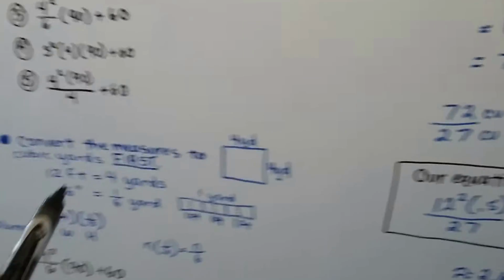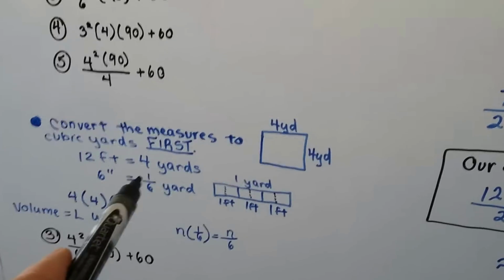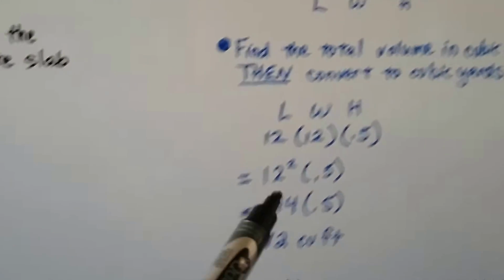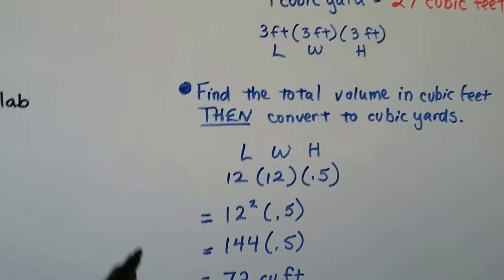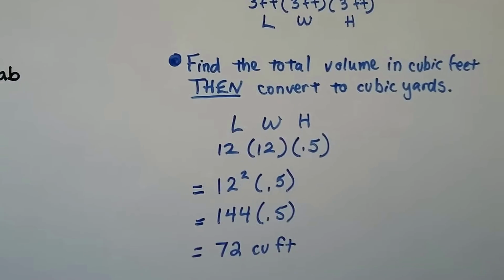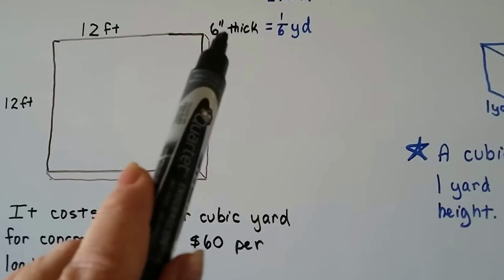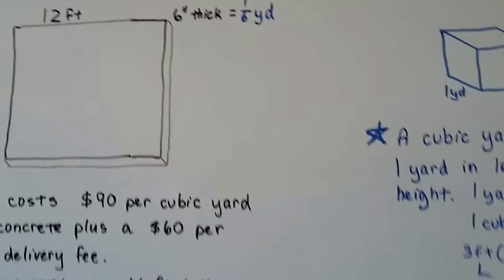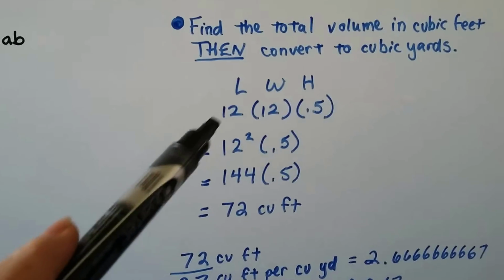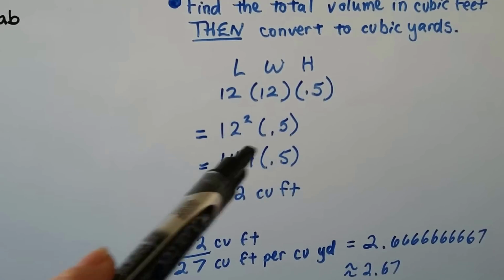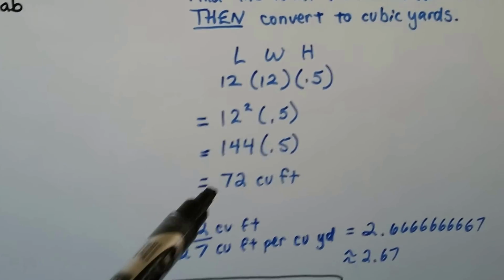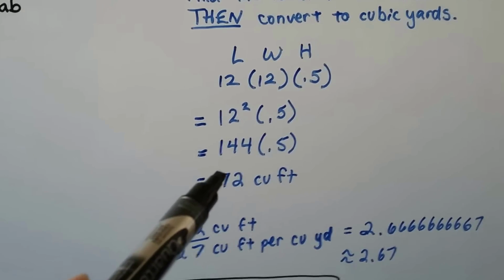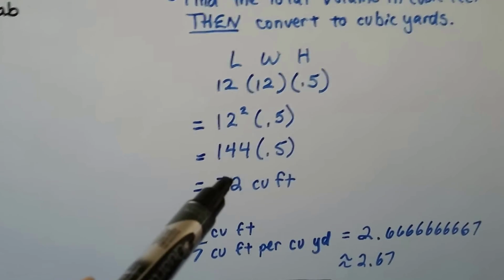See, this way, we converted everything to yards first and then solved it. If we just found it in cubic feet and then did all the math and then converted it to cubic yards, we would do 12 times 12 times 0.5 for the half foot, right? So that would be 144 times 0.5. That would be 72 cubic feet. Now we need to turn it into cubic yards.